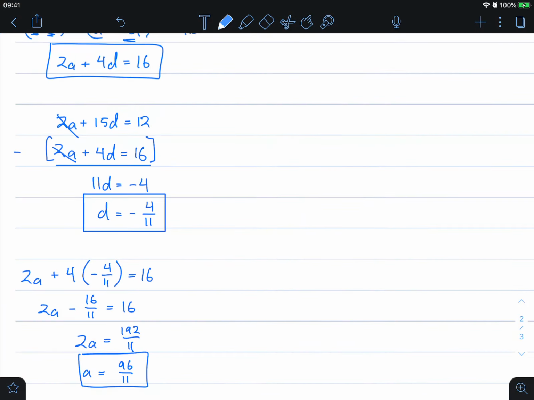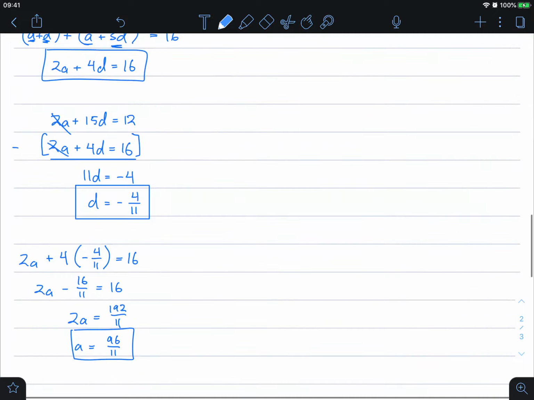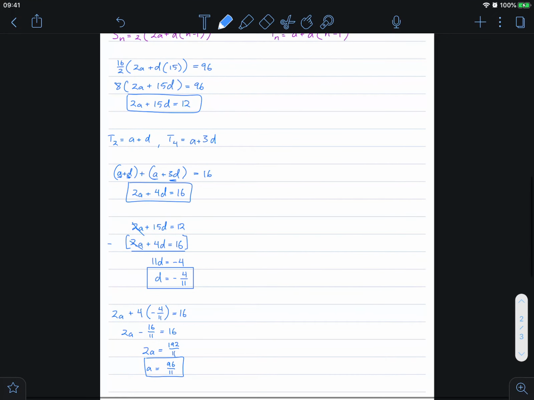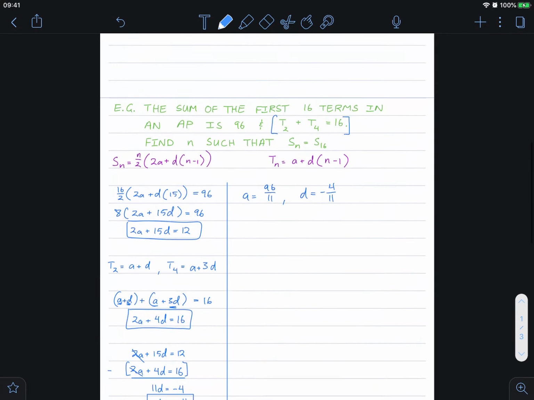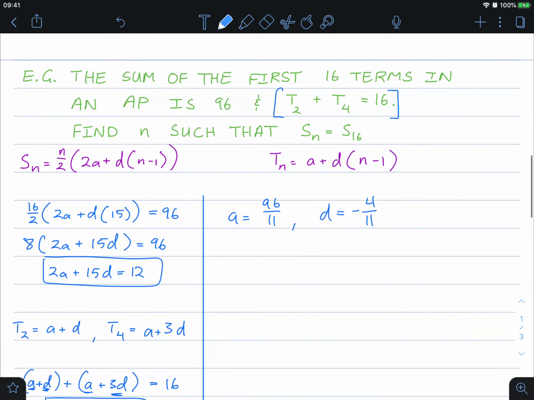So we have the first term and common difference. Let's write this way up here as we continue this question. So we have a equals 96 over 11 and d equals negative 4 over 11. So now we're finding an expression, or n, such that s of n is equal to s of 16.